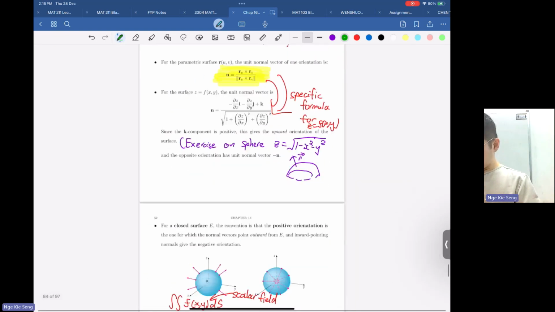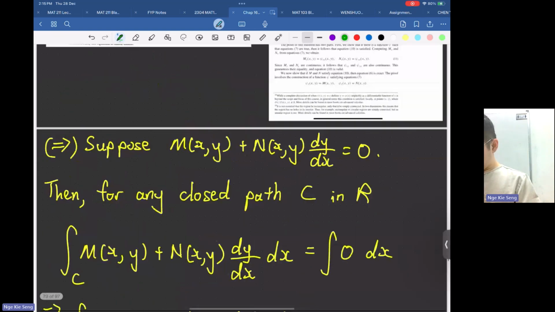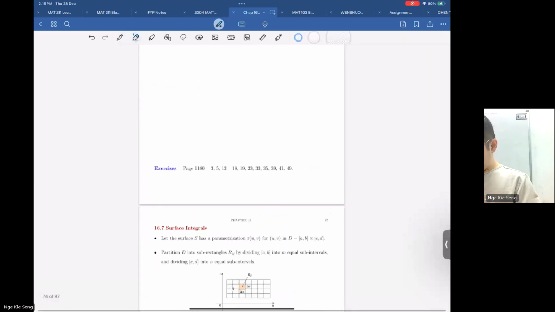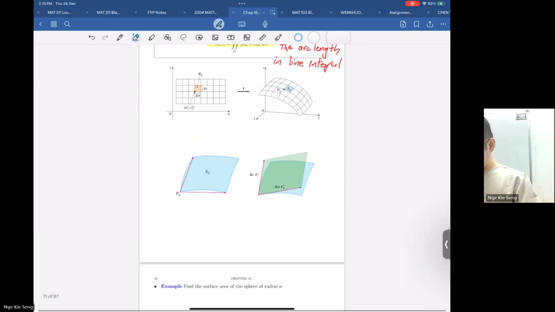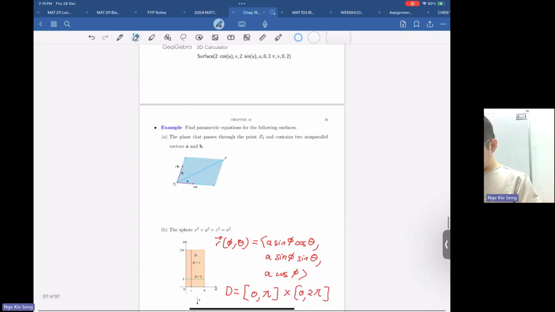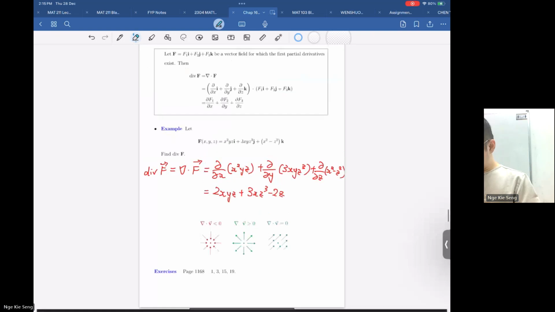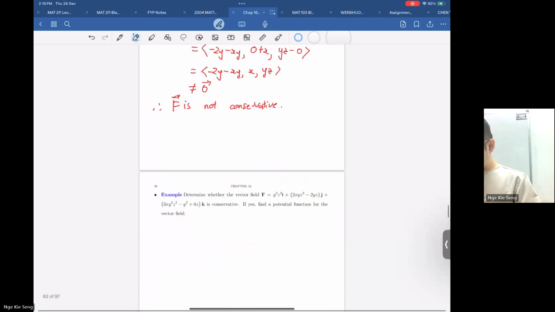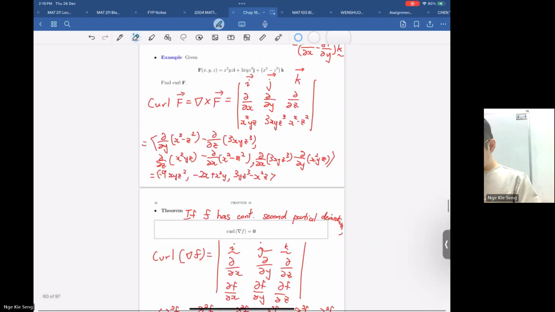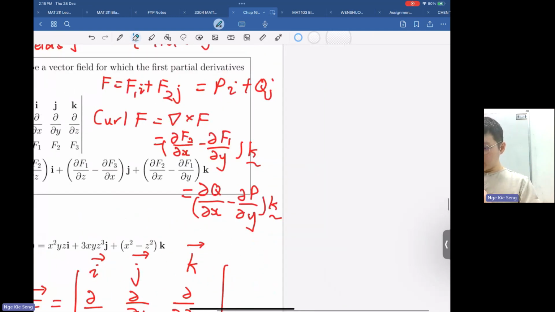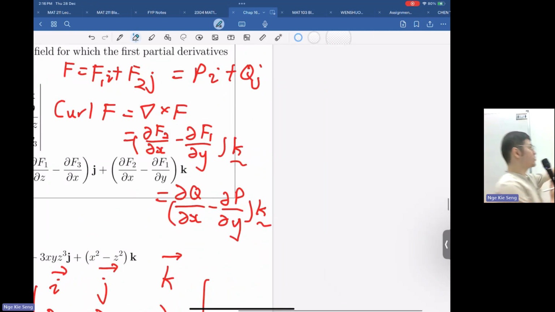Remember last time we did a computation here? We do the curl for this. When we do the curl for the two variable case, what do we get? We actually get a direction here for my curve.